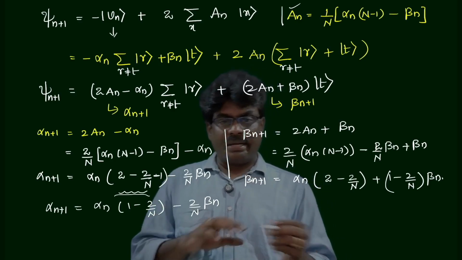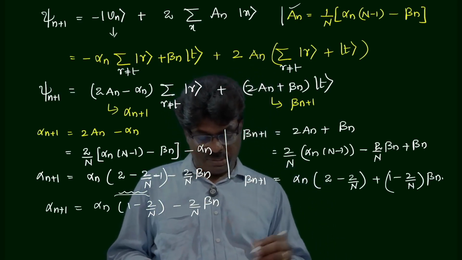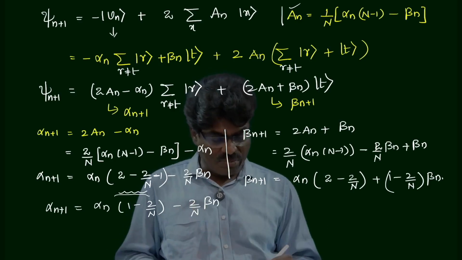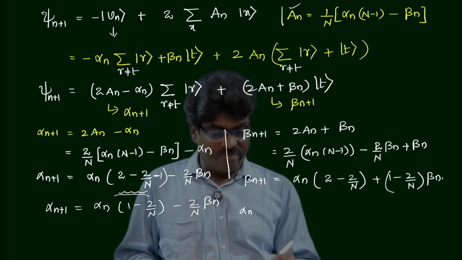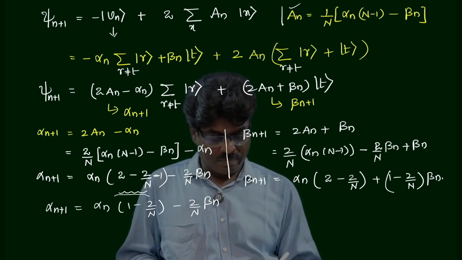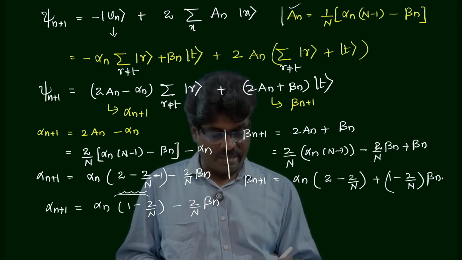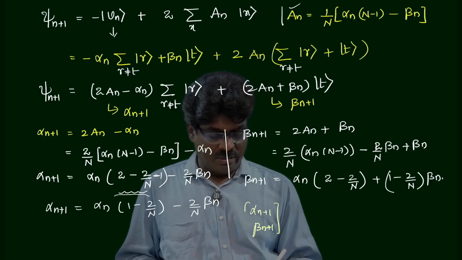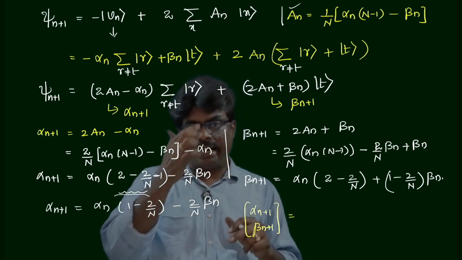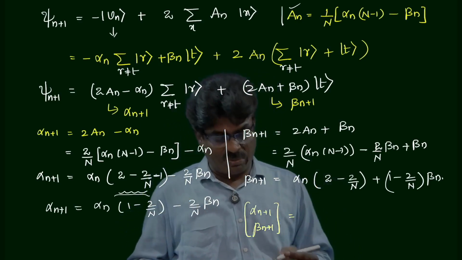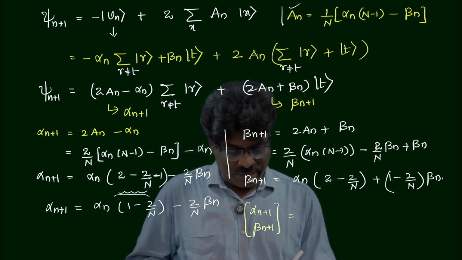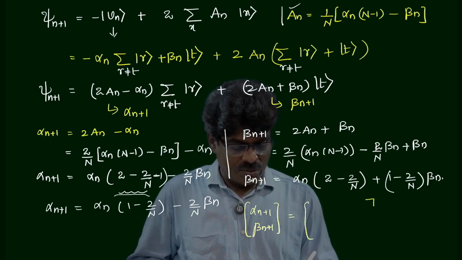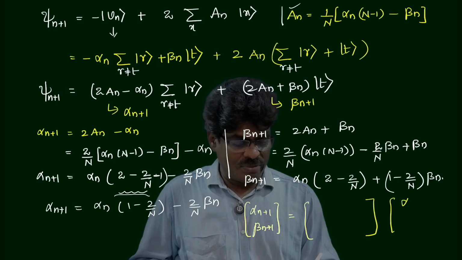So finally we can represent this alpha n plus 1 and beta n plus 1 in the matrix form. Let me write in the matrix form. Alpha n plus 1, beta n plus 1. These are the amplitudes of the remaining and target states after n plus 1 iterations, and we will get this 2 by 2 matrix, and here we will get alpha n, beta n.